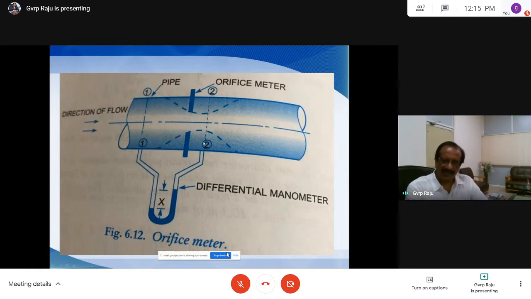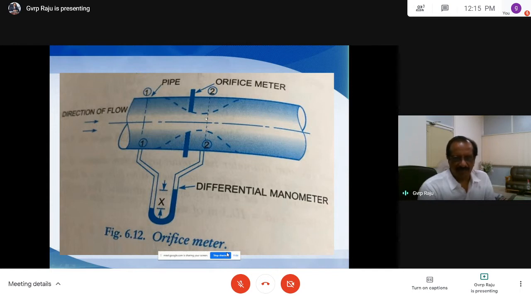Normally it is at a distance of d by 2. If d is the diameter of the orifice opening, it happens at a distance of half of d. Then the jet area has reduced here and again increases.